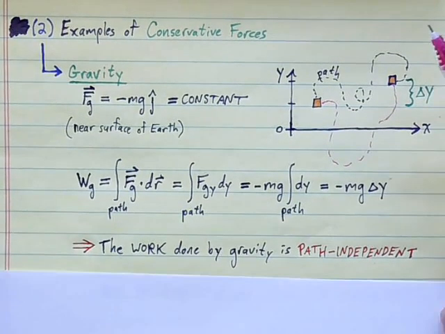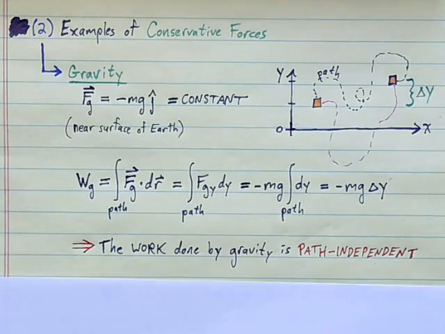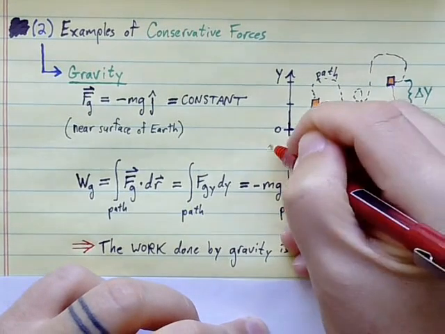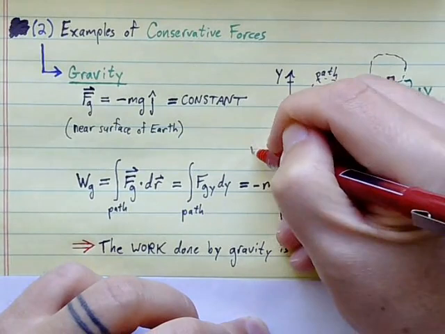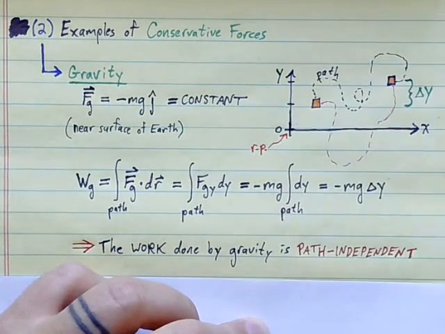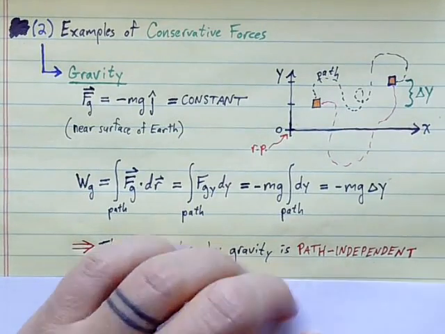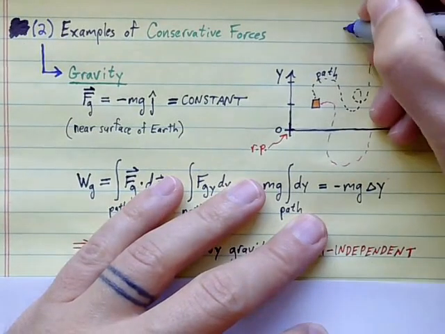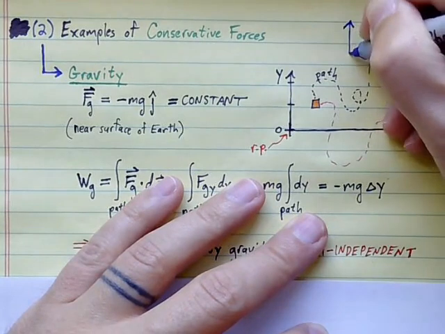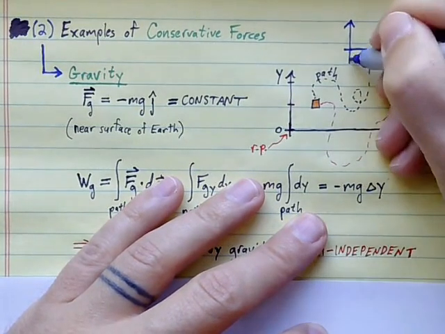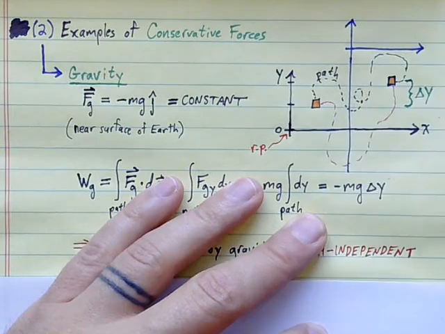Secondly, the work done by gravity also does not depend on our choice of reference point. I have a set of xy axes here with an origin located there. The origin is our reference point, RP. I could have picked a different set of axes. I could have, say, put a reference point and origin way up there and had these axes.